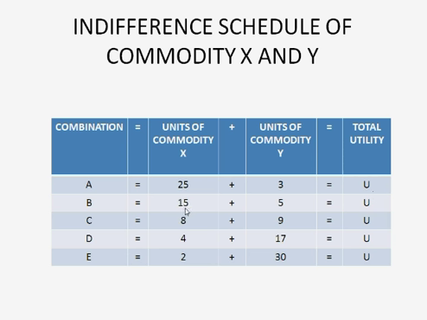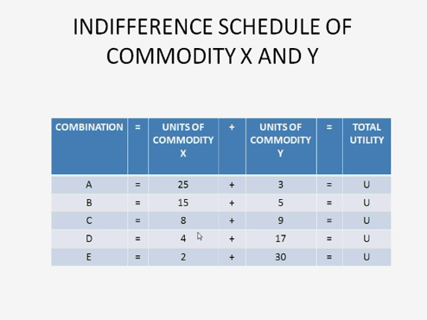In the second combination also we are using 15 units of X and 5 units of Y. Again we are getting the same utility. Next we are using 8 units of X and 9 units of Y. We are getting the same utility.